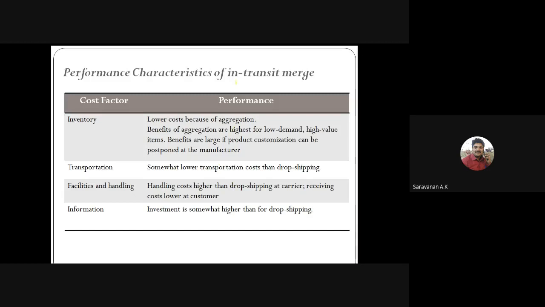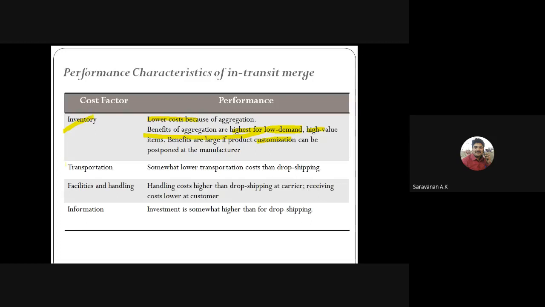The points are the same: the lower cost, the benefits are high demand, the highest for low demand and high value, and the customization is large. The inventory is the same, and the transportation costs have some difference.